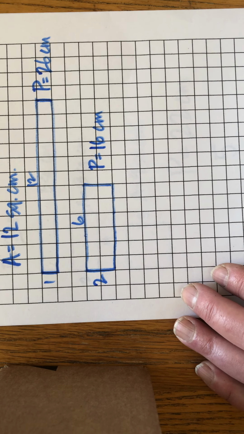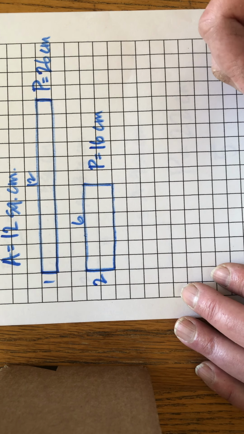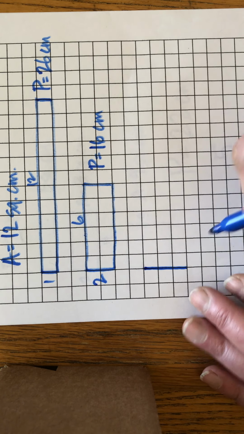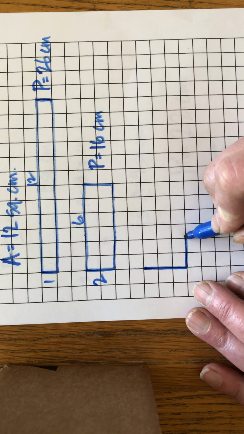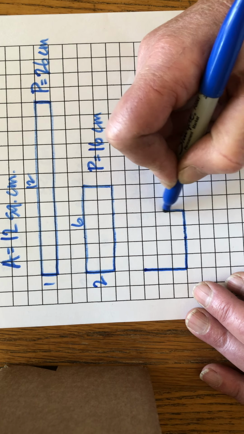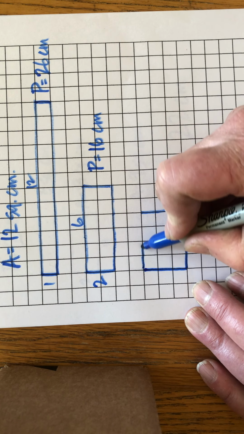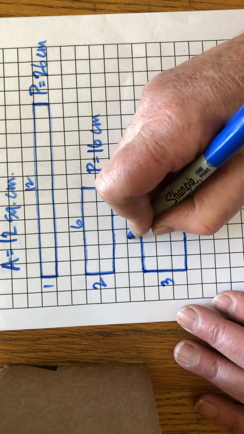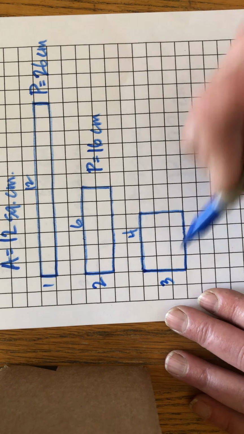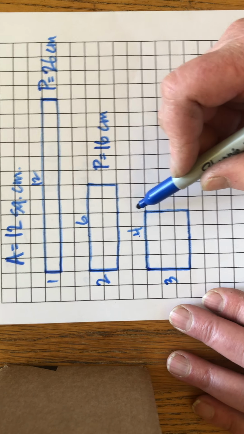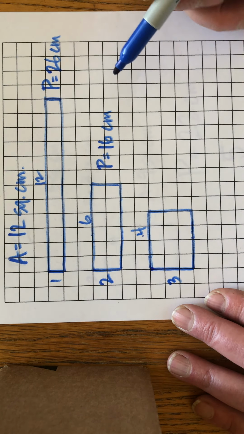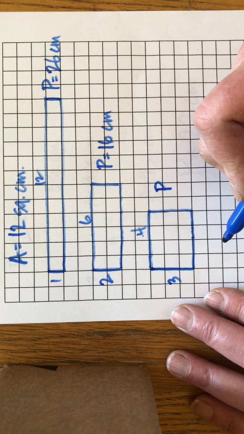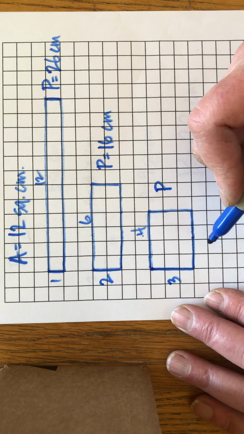All right, now we're going to do one more. So that's 3, and that's 1, 2, 3, 4. Okay, so this is 3 and 4. So 3 times 4 is 12, so it does have an area of 12 square centimeters. But remember, to figure out the perimeter, we're going to add the 4 sides.